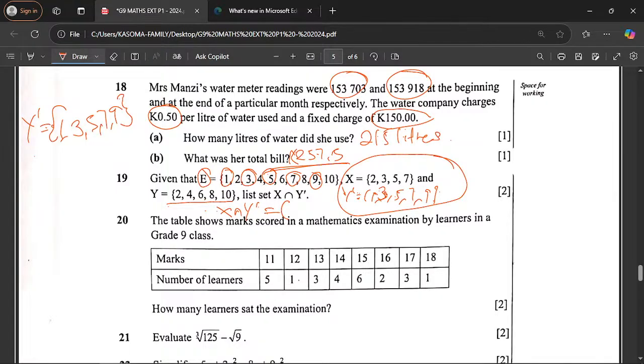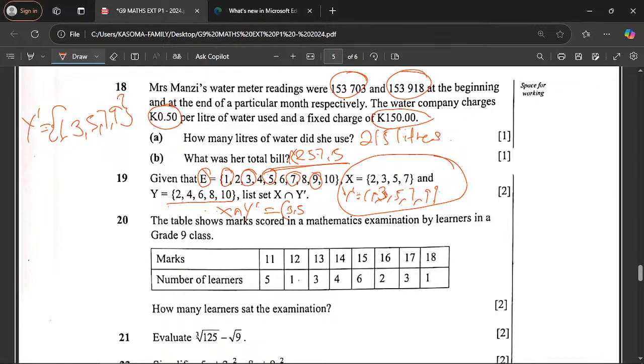So is 1 found in X? No. Is 3 in X? Yes. So we write 3. Is 5 found in X? Yes. So 5 is found in both X and Y complement, and 3 is found in both X and Y complement. Then is 7 found in both?